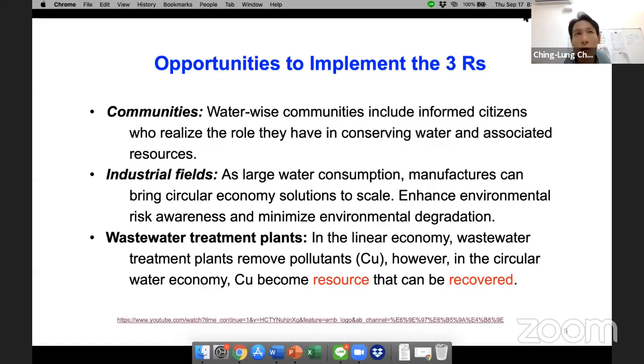And actually, not only copper can be recycled. Some companies have a high concentration of phosphate, or a high concentration of sulfate. So these companies also try to recover the sulfate or phosphate from the water.